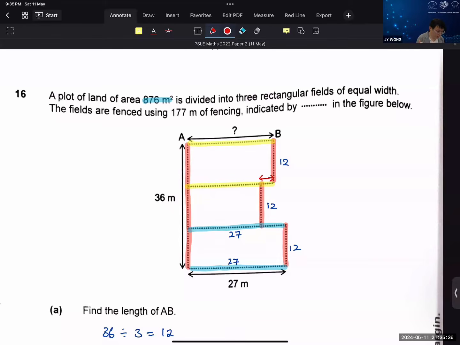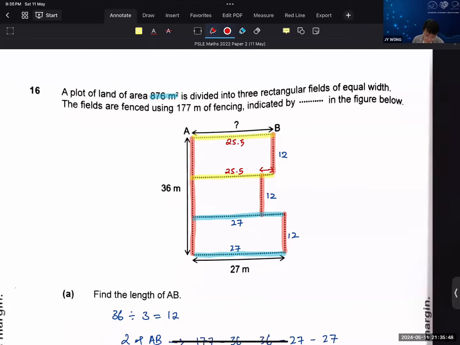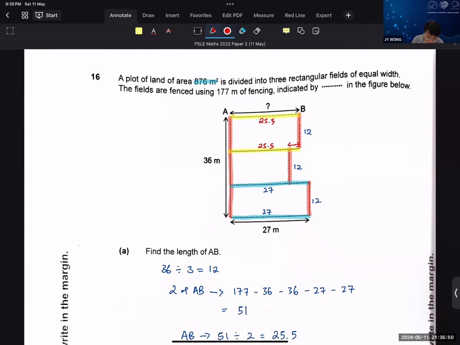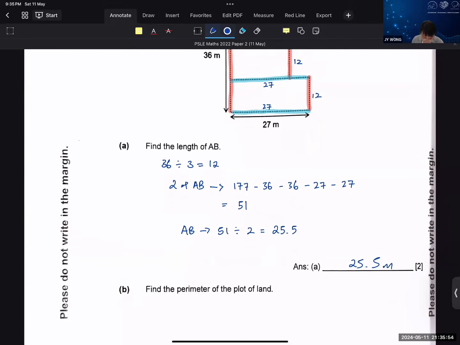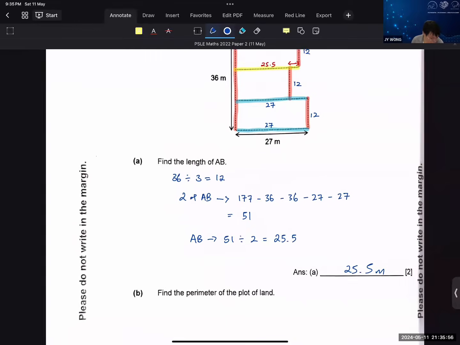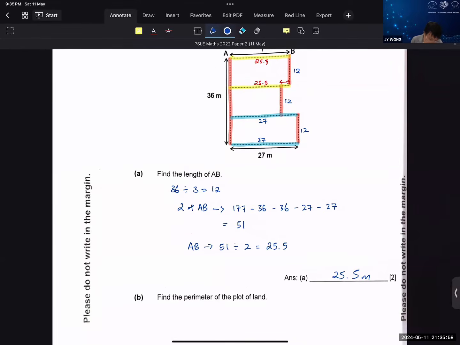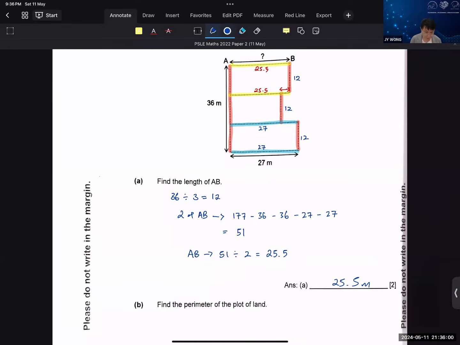Okay, so you already know AB is 25.5. So write it in now that you already know the value. Okay, so ask yourself what makes up the perimeter.